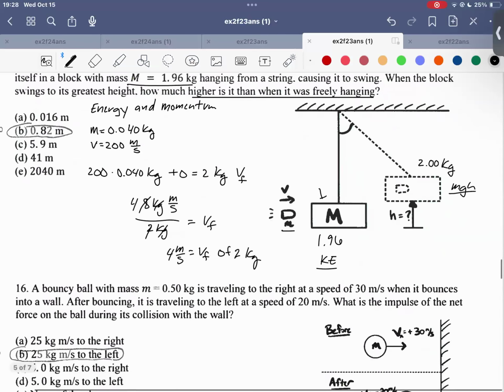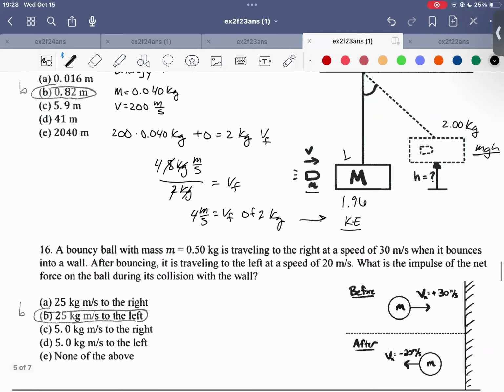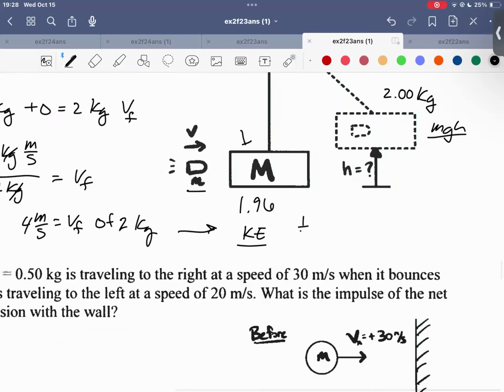Okay. So from there, we can solve for kinetic energy, and we say 1/2 mv squared, 1/2 times 2 kg times velocity final squared. This 4, so we say 4 meters per second squared. And from here, the 2 kg and the 1/2 are going to cancel. So we're left with 4 joules.